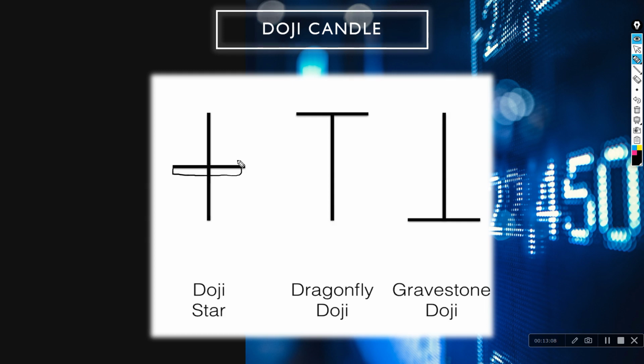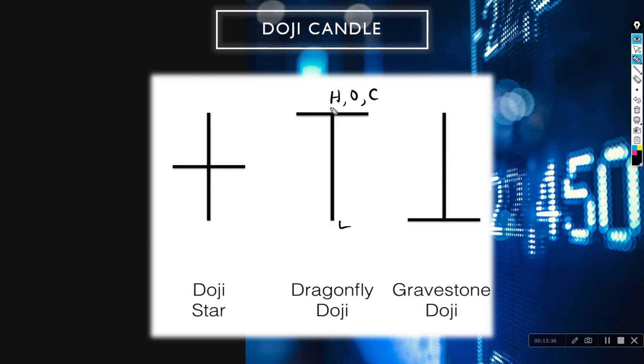Okay, now there are three types of candles here. First is your doji star, or the normal one. If you can see, your wick is almost equal. Again, your price is constant. Next is the dragonfly doji, a very interesting candle. This will be your low. Your high, open and close are at the same place.